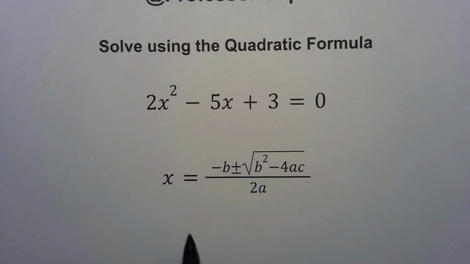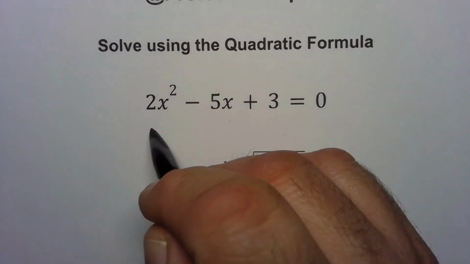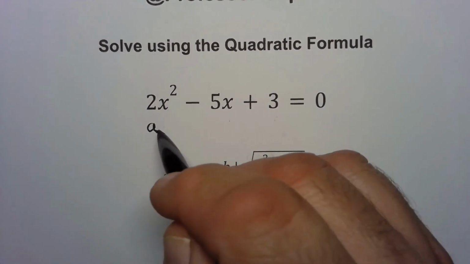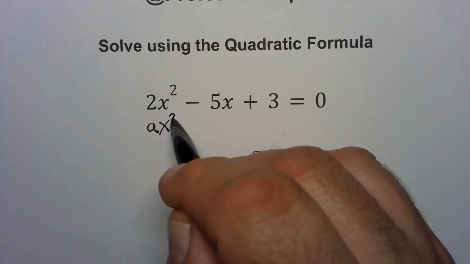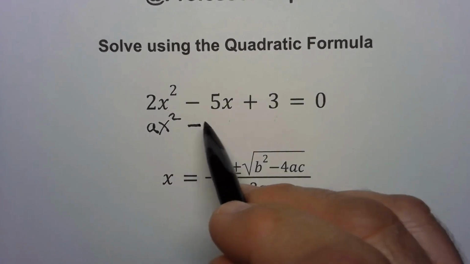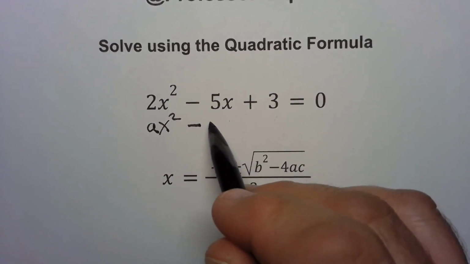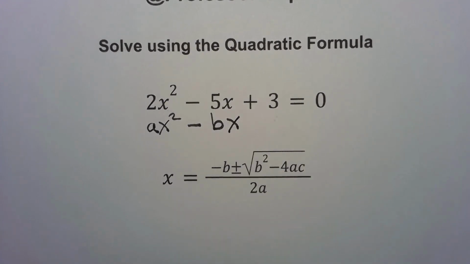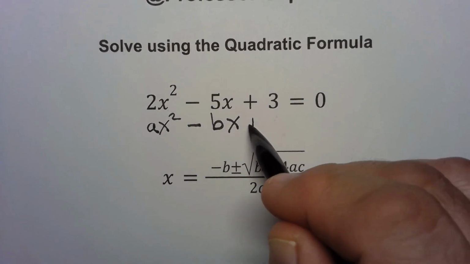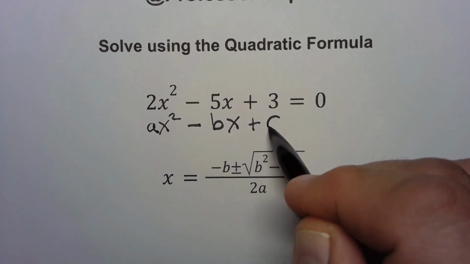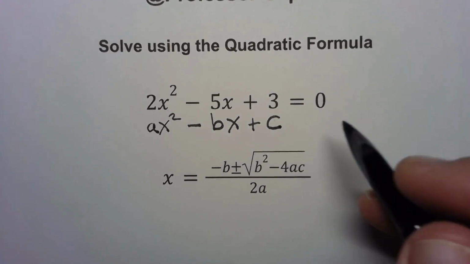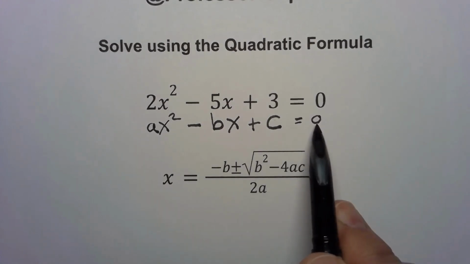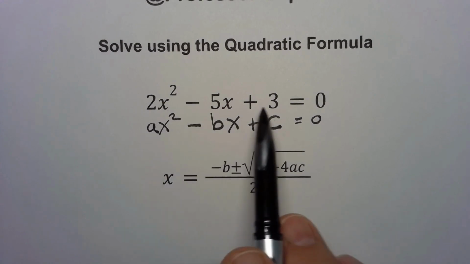So when we have that, the coefficient in front of the squared term is going to be our a term. So it's a x squared minus, and the coefficient in front of the x term is going to be our b term, and our c term is our constant equals 0. So I've now shown you where everything is.